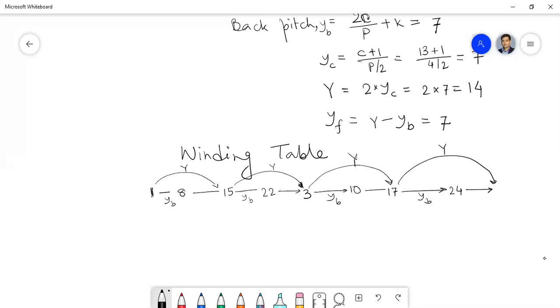Raisha, what is the value of y? It's just written on the board. What is the value of y? Sir, 14. Isn't it? Hello, can you hear me? Yes, sir.